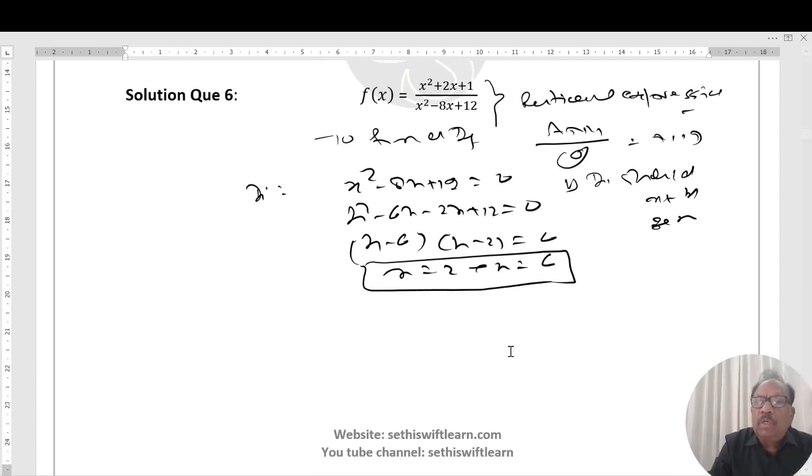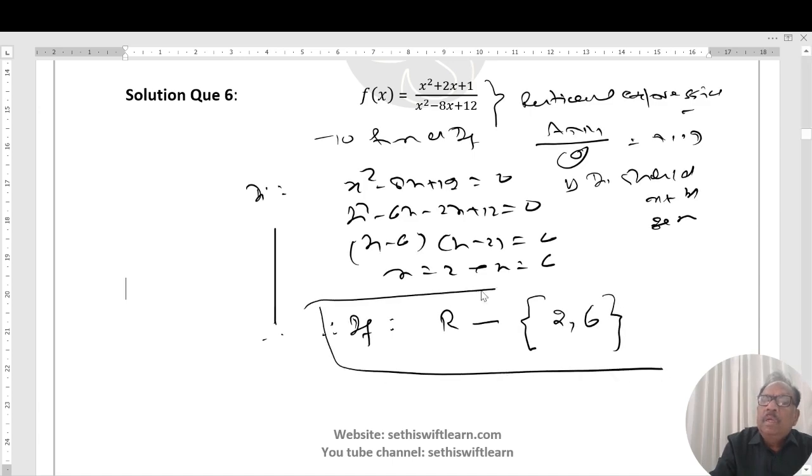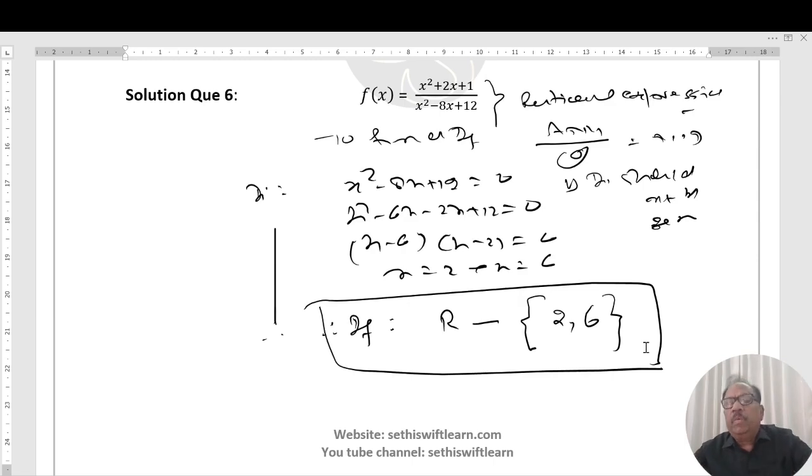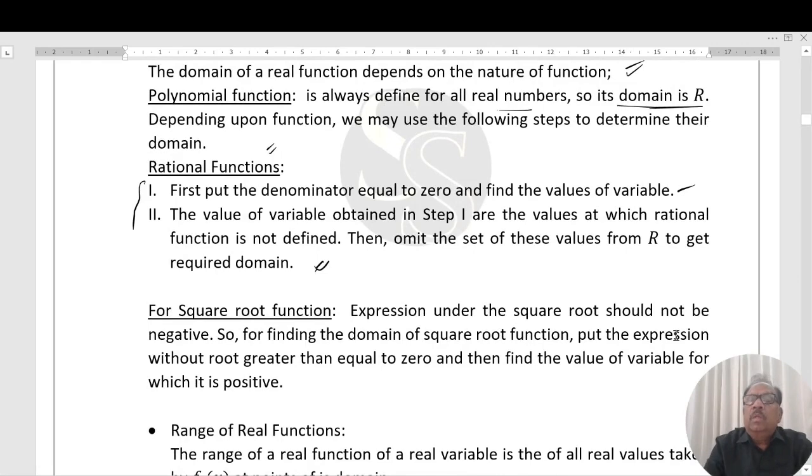It is the set of all real values of x for which the function is defined, so the denominator should not be equal to 0. Therefore, the domain of f will be the set of real numbers except the values for which this becomes 0. This is the concept which I discussed already above: omit these values to get the required domain.